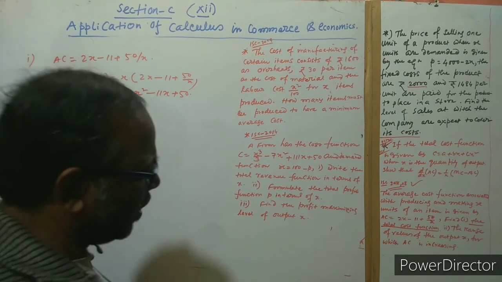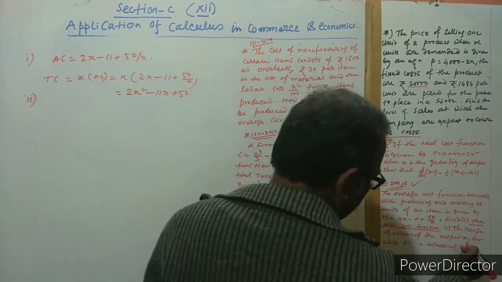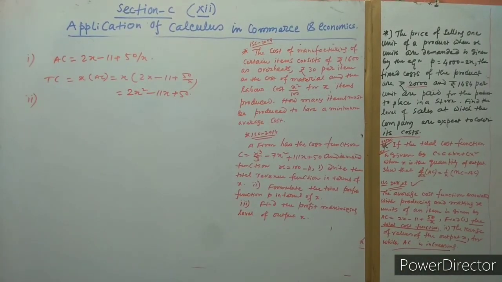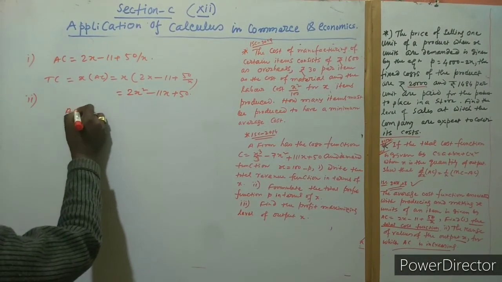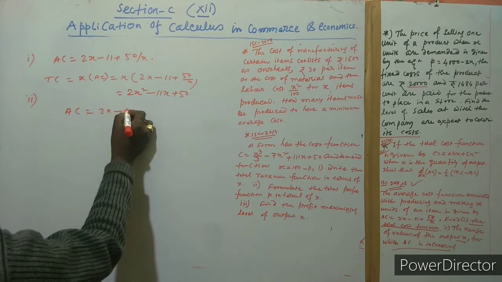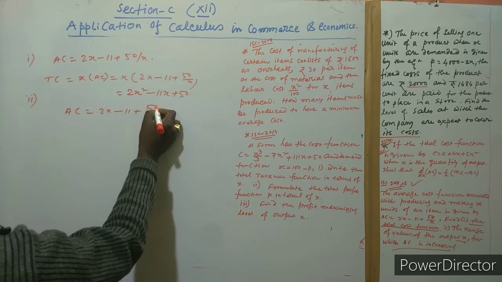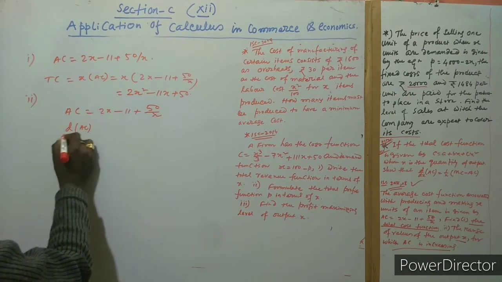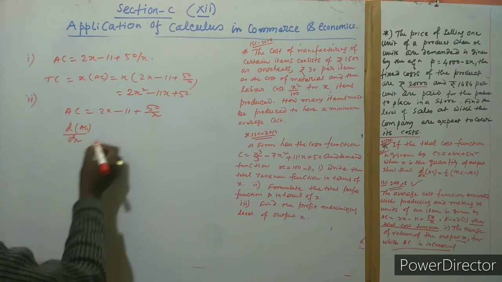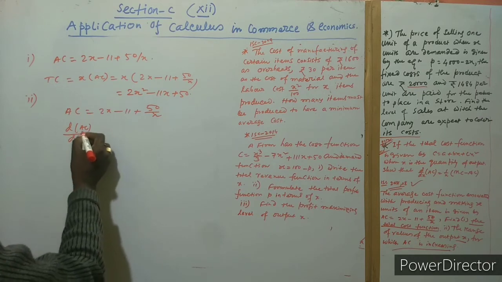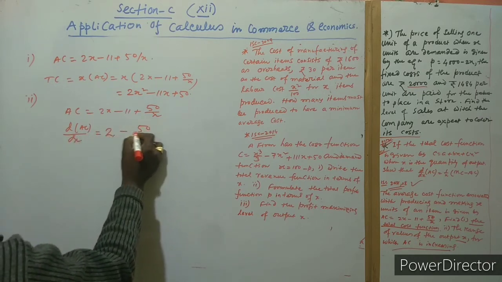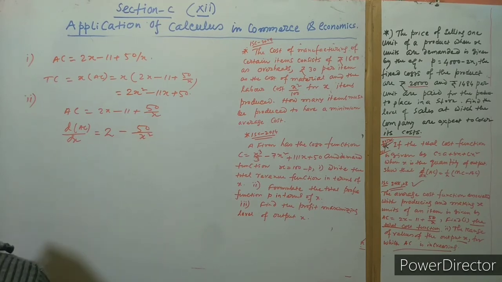Now the range of the value of the output for which the AC is increasing. So this is your AC, again write here AC, that is 2x minus 11 plus 50 by x. So dAC by dx, the derivative of AC, actually differentiate AC with respect to x. This is 2 minus 50 by x square.